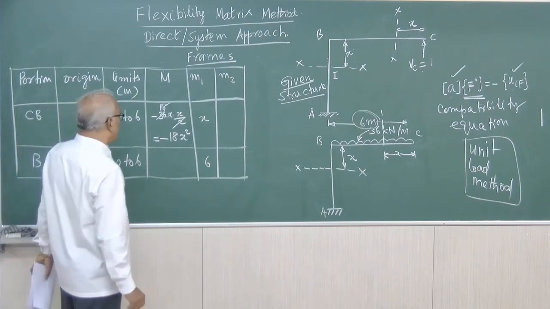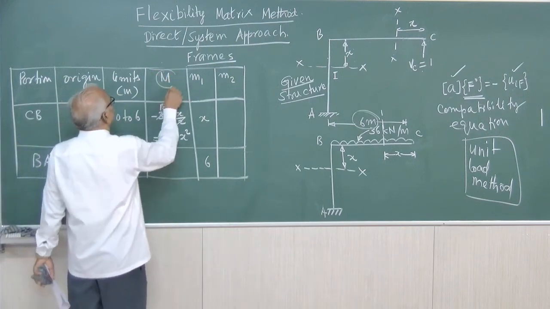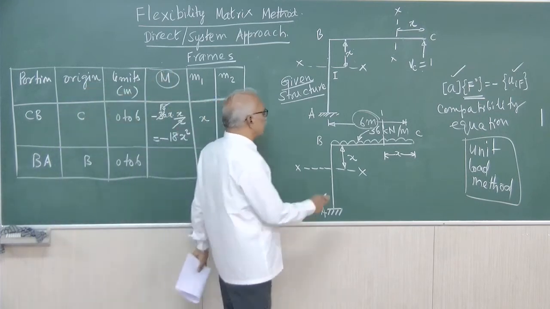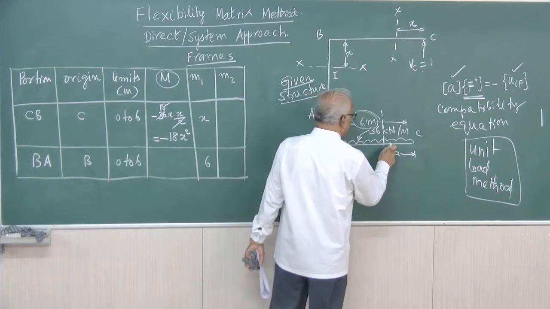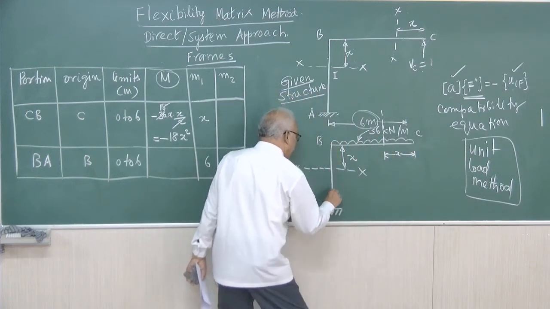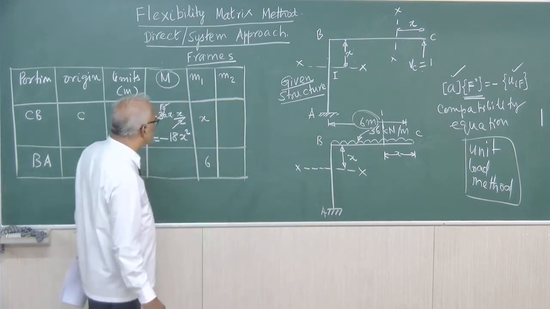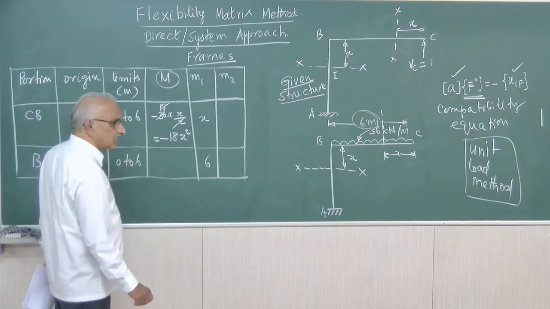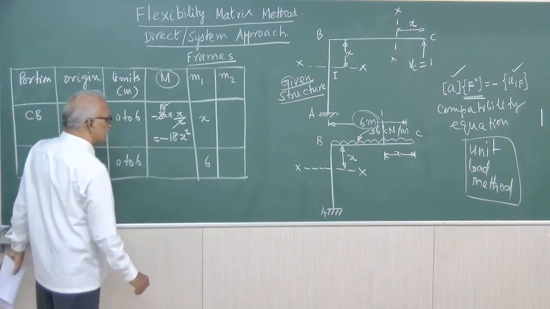M is due to the external load, which is 36 kilonewton per meter in the primary structure. So 36 into 6, because when you consider any point in AB, the distance is 6 meters. Therefore 36 into 6 by 2. Again that is clockwise.